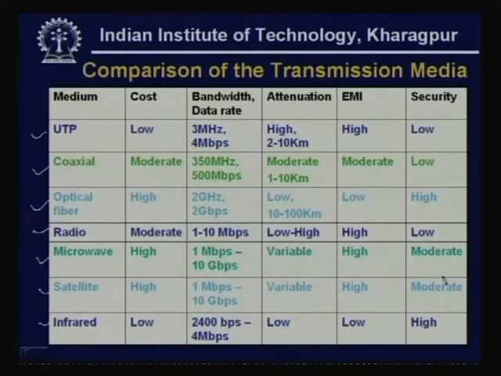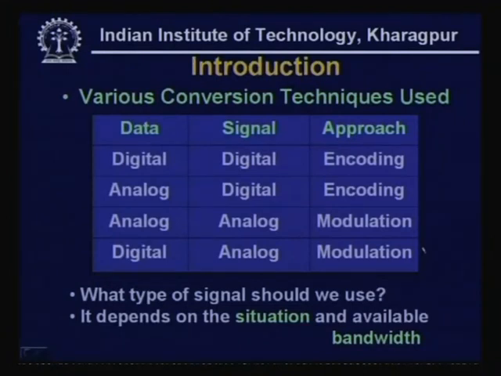So with this background, now we shall discuss the transmission of digital signal. But before doing that, let us consider what are the various options available to you. As you know, you can have digital data and you can get it converted into digital signal by suitable encoding technique.